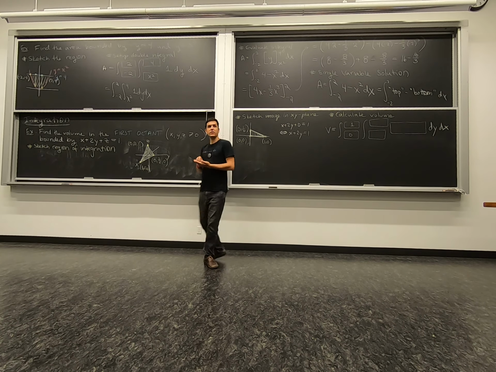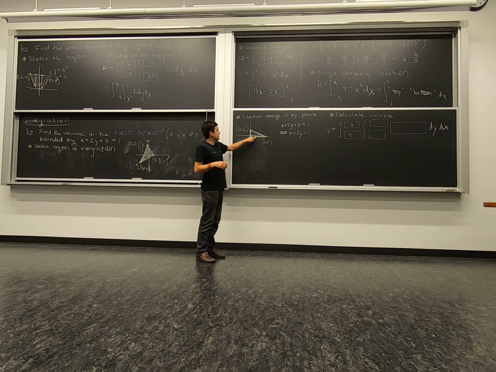And then y will run from y equals 0 up to that slanted line there.